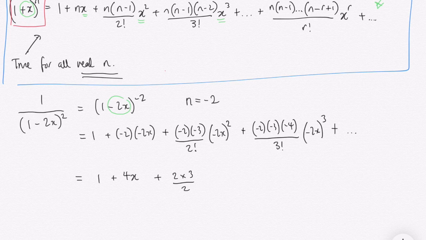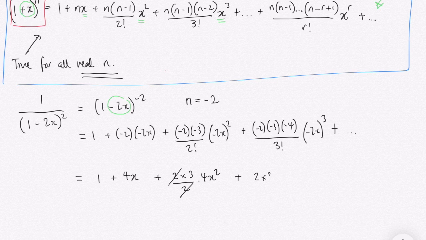And then negative 2x squared is going to be 4x squared. Well, this factor of 2 cancels, so actually it is 3 times 4x squared. What do we have here? Well, we have negative times negative times negative, but then also we have negative 2x cubed, so that's 6 negatives being multiplied together, so it's positive.